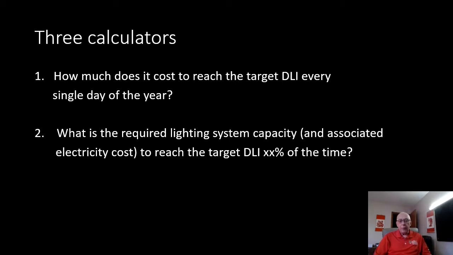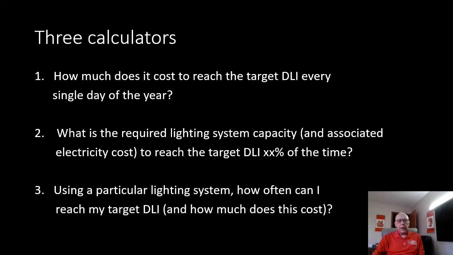And once you enter that information, this calculator then calculates how large of a lighting system you need to install in your greenhouse to be able to achieve that target daily light integral a certain number of days of the year. And of course, we also then calculate the associated electricity cost that you have with that particular lighting configuration.